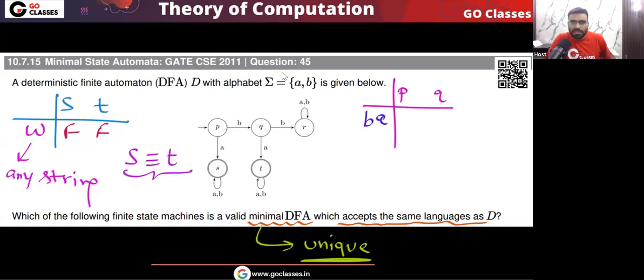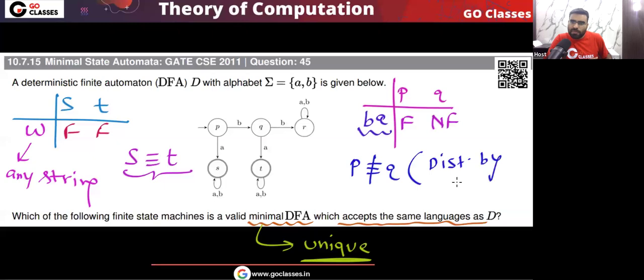On this string BA, state P will go to a final state, and Q will go to a non-final state. Yes or no? So P, Q are not equivalent. They are distinguishable by string BA.